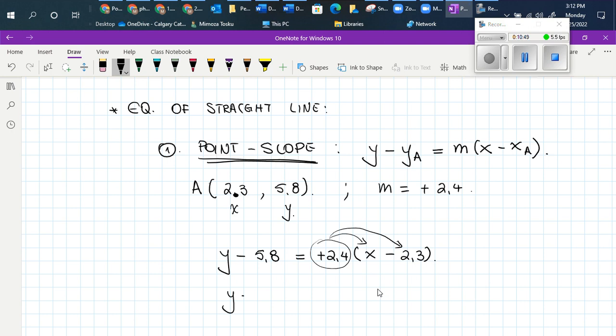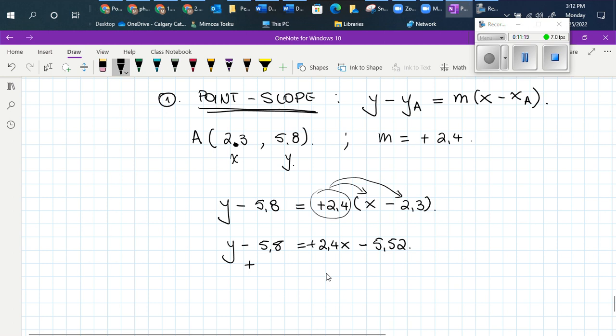So then we'll have y minus 5.8 is equal to positive 2.4x minus 2.4 times 2.3, which will be minus 5.52.